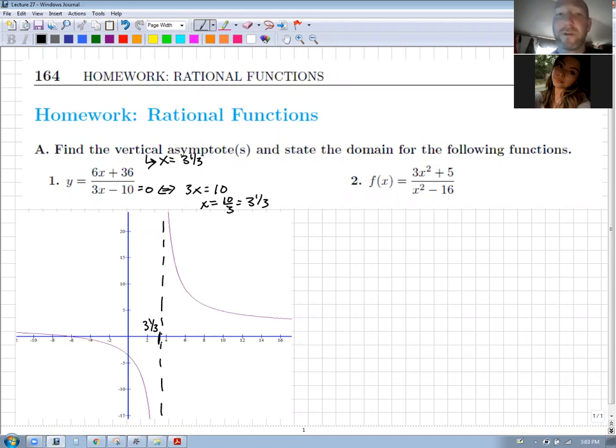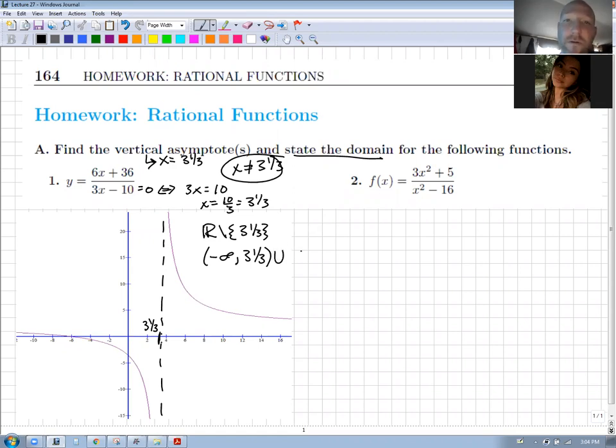The domain for the function is everything except for 3 1/3. To state the domain, you could say all real numbers except for 3 1/3, or you could say from negative infinity to 3 1/3 union 3 1/3 to positive infinity.